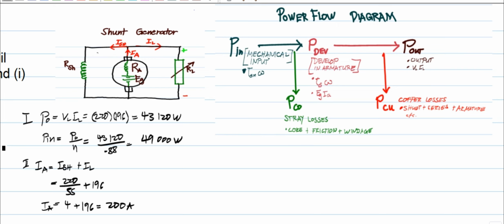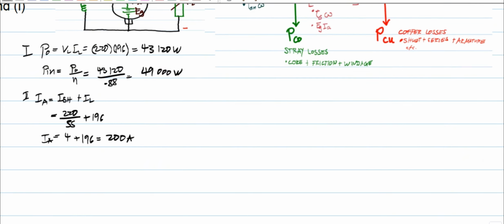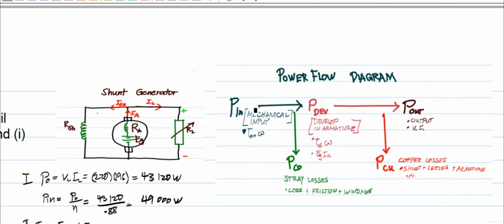Now that we have the IA, we can get the total loss in the copper, which is only the shunt loss and the armature loss, because there is no series winding.